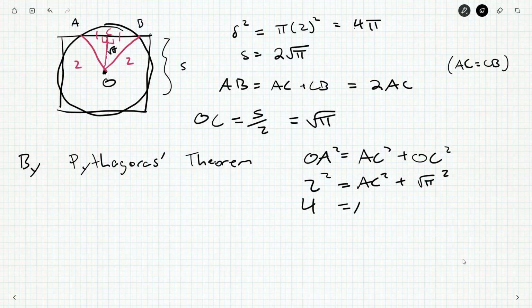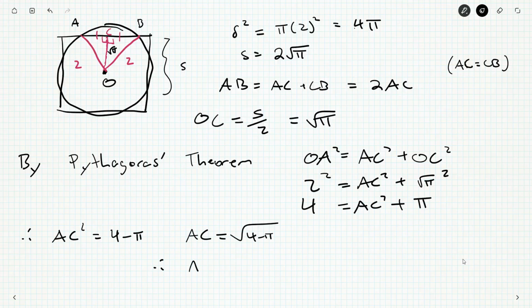So that's 4 is AC squared plus pi. So AC squared is 4 minus pi. AC is the square root of 4 minus pi. That's as easy as we can write that. And that tells me that AB, the length we're searching for, is 2 times the square root of 4 minus pi.